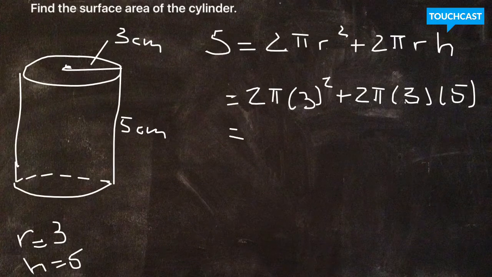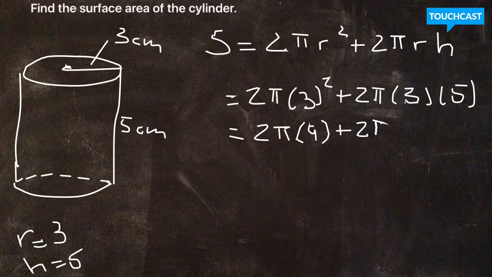So exponents first. We don't have anything to do inside of any parentheses. So 2 pi times 3 to the second power is just 9. Plus 2 pi times 3 times 5.